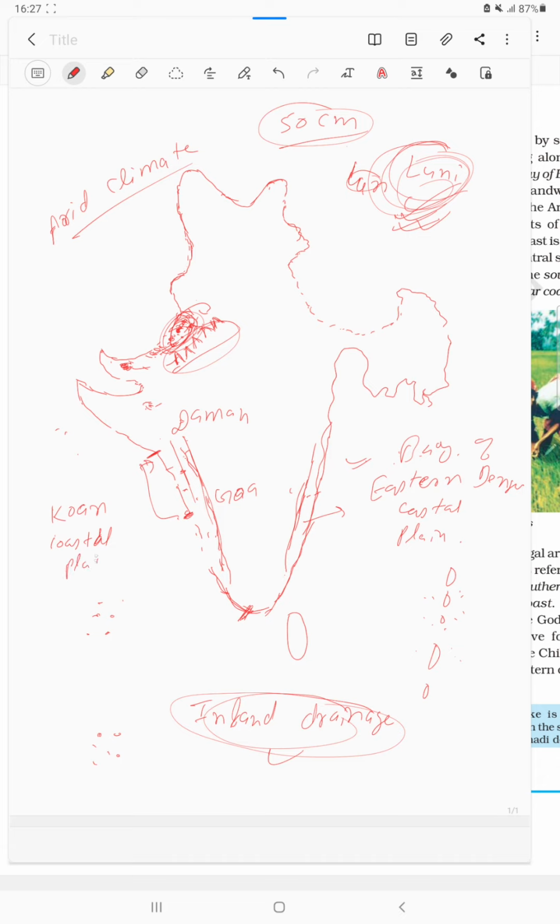It stretches from Daman to Goa, and Goa to Mangaluru. This one is Mangaluru. The stretch of the western coastal plain from Goa to Mangaluru is termed the Kannad coast.